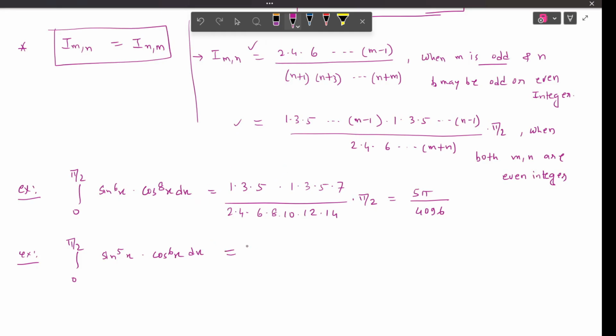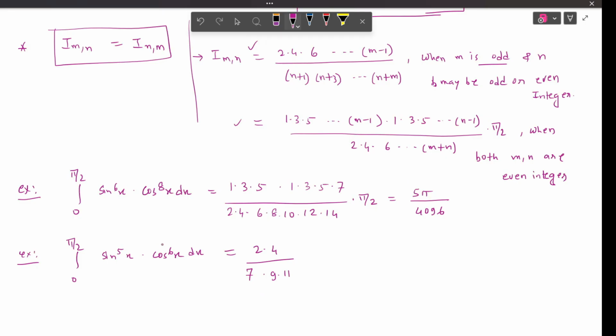It would be 2, 4 up to m minus 1, that is 5 minus 1, 4. So you have to stop here. Then m plus n up to m plus n. So this will be n plus 1. N is 6, 6 plus 1 is 7. Then 9, then 11. M plus n is 11. So you have to stop here. N plus 1, n plus 3.